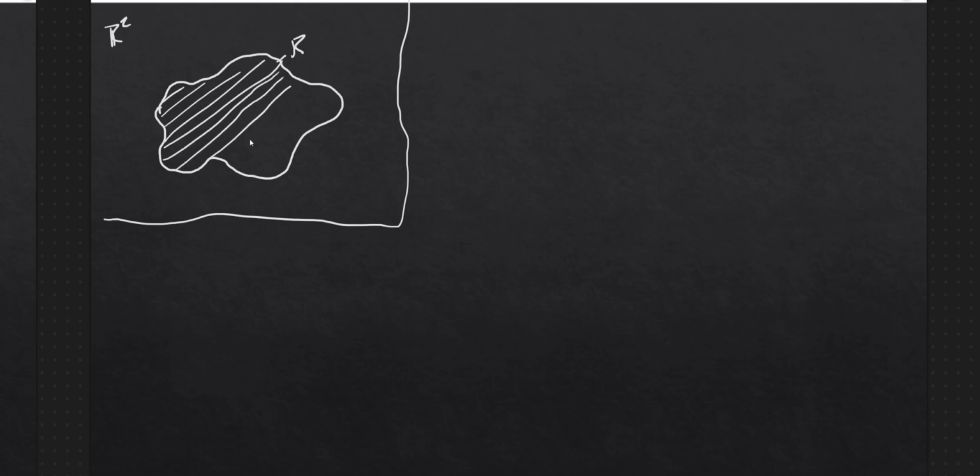This is my region R, everything contained in here. I'm going to shade it in so we know we're talking about the enclosed region as well as the boundary curve, because I've drawn a solid line along the boundary rather than a dotted line. That's how I'm going to differentiate between containing the enclosing curve and not containing it.